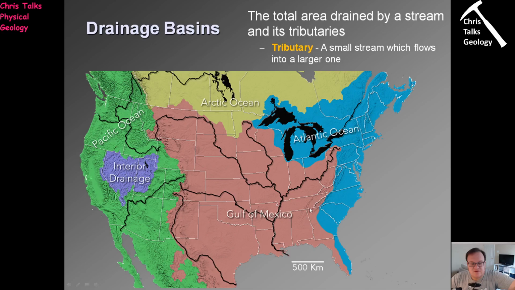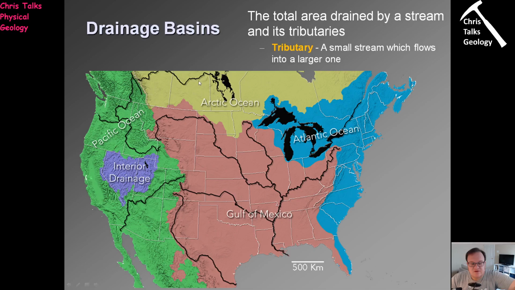So the Appalachians are separating the Gulf of Mexico basin on the western side from the Atlantic Ocean basin on the eastern side. Now, in the case of the Arctic Ocean basin, that's due to the effects of glaciation. So this area here essentially is depressed because of the weight of the ice from the previous ice age. So this area here is actually a topographic low.